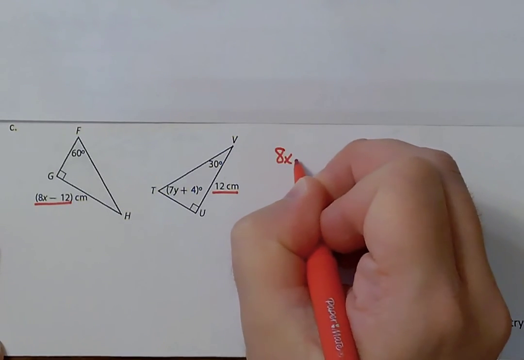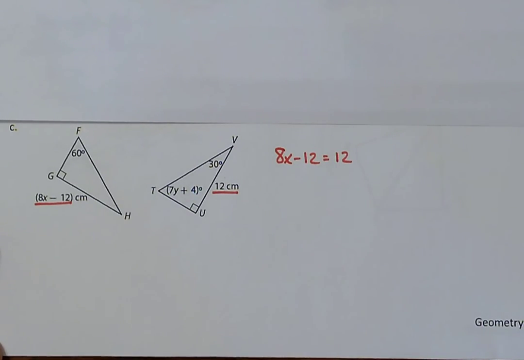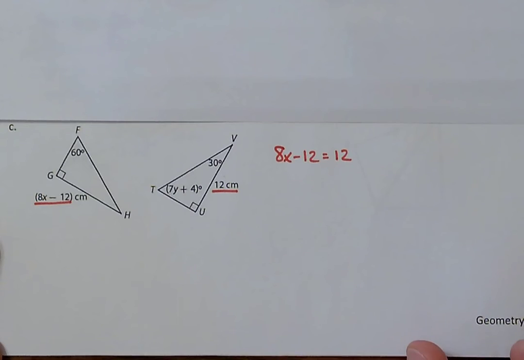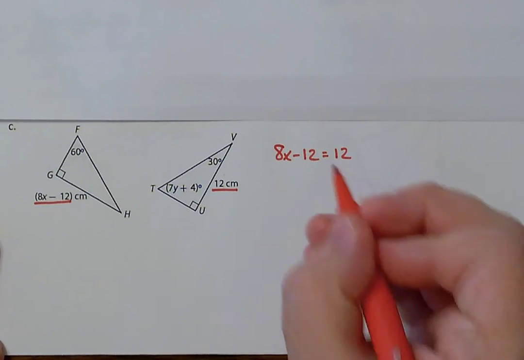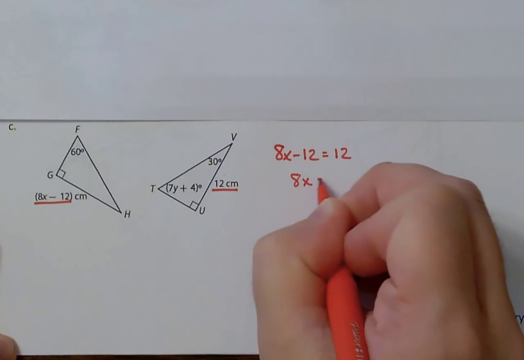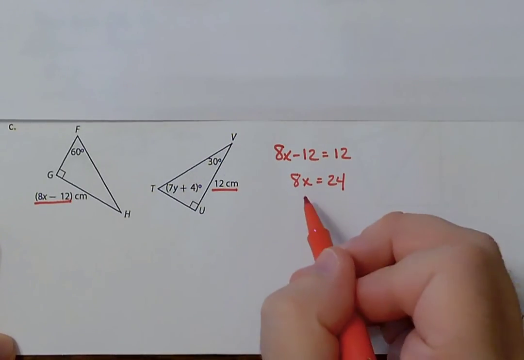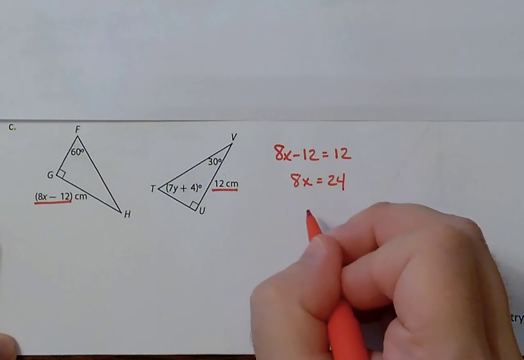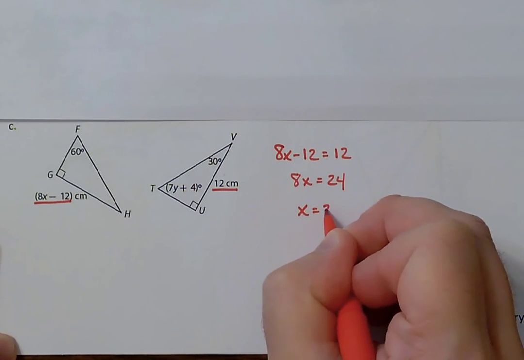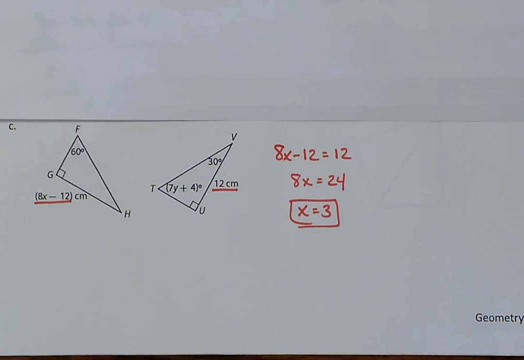We're going to solve. We add the 12 to the right, so we get 8x equals 24. Then if I divide 24 by 8, we get x equals 3. So I need x to equal 3 so that these two sides can be congruent to each other.